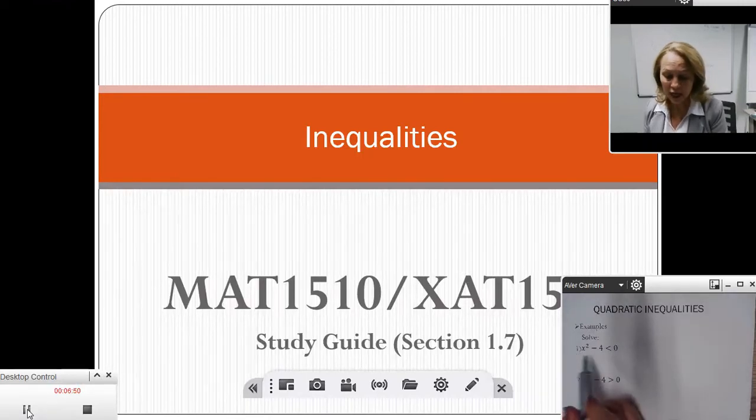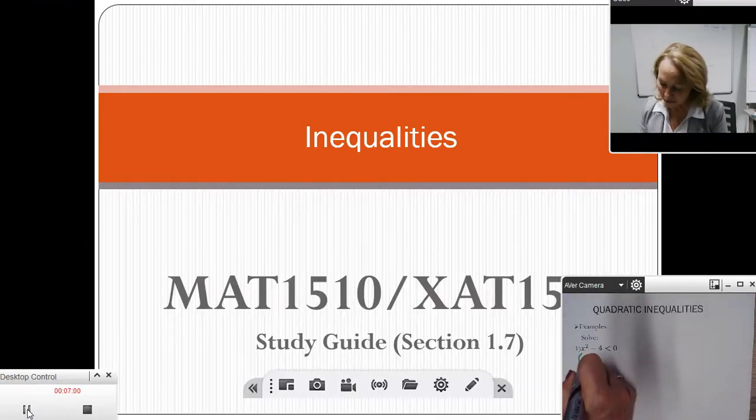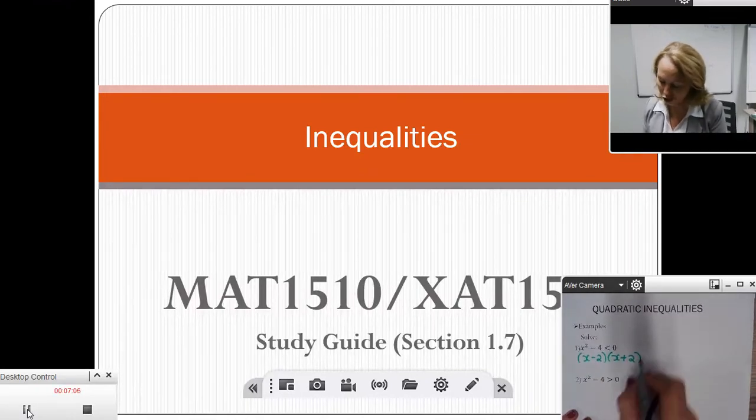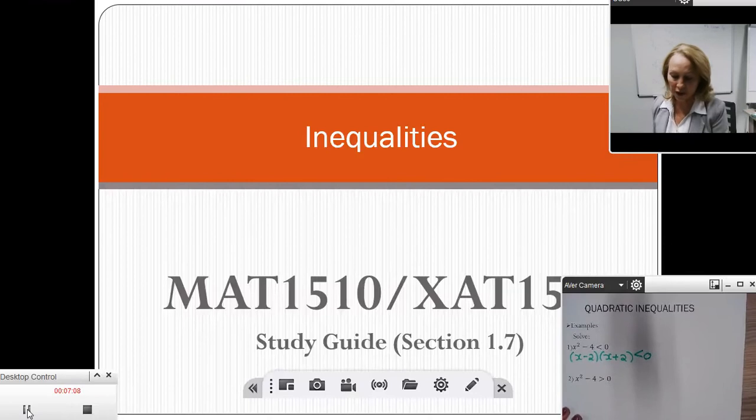Now, with any quadratic equation, we are able to factorize it into its linear factors. And so in this example, the linear factors are x minus 2 multiplied by x plus 2, and we have to solve the product of those two linear factors strictly less than 0.